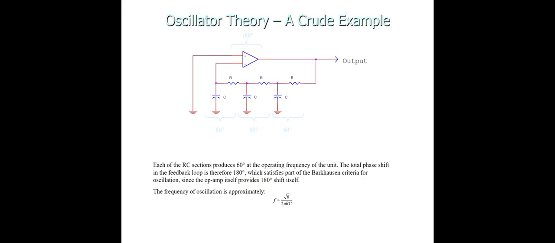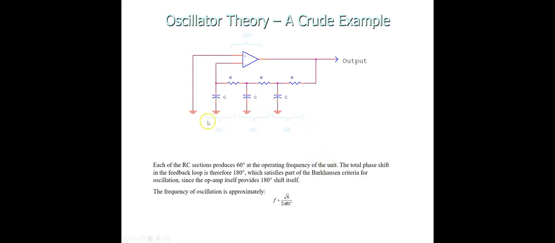So here in this figure, you see this circuit is not a very good oscillator at all, but it demonstrates how simple an oscillator can be. And this circuit will produce almost a square wave output unless some type of amplitude limiting is implemented within the loop.